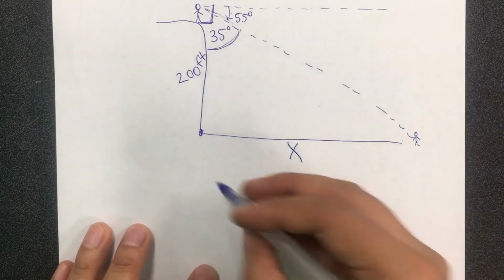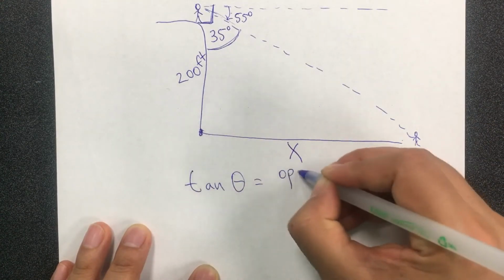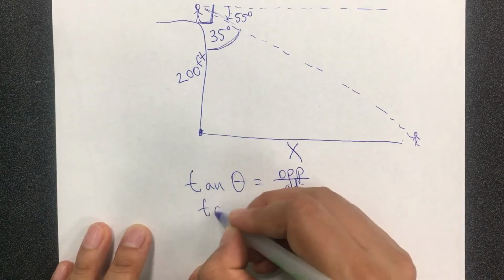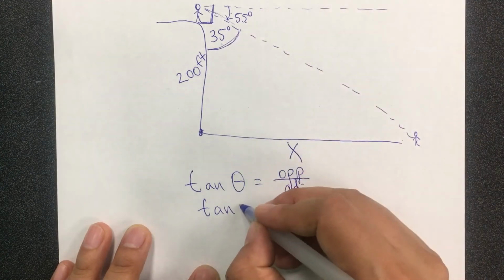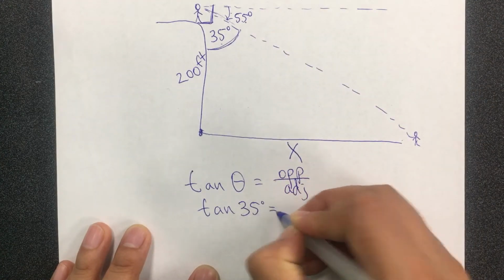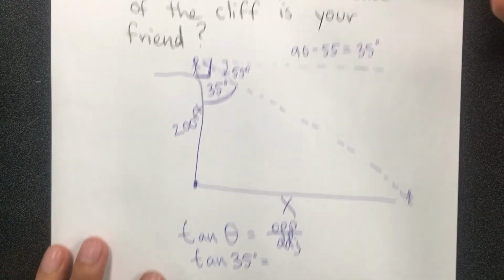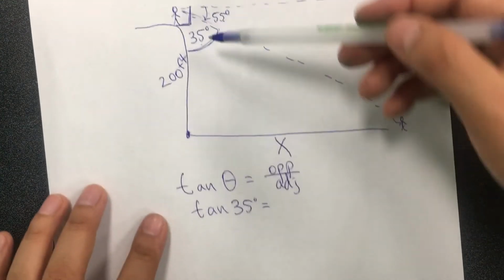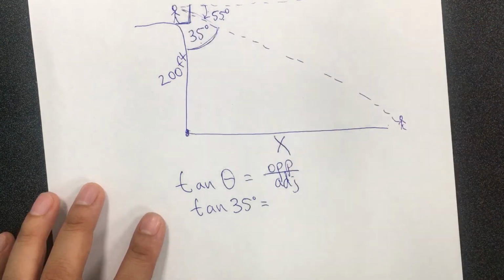Again, it's going to be tangent of theta equals opposite over adjacent. And that's going to be tangent of not 55, but 35. And some people get confused. Some students say, teacher, I'm not sure when we have to subtract. Usually I say if you're looking down, that helps a lot, because you're lowering, or that's the angle outside of the triangle, okay?